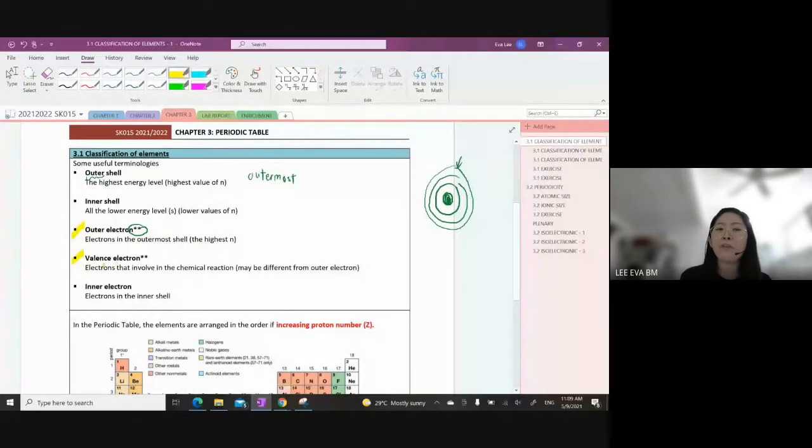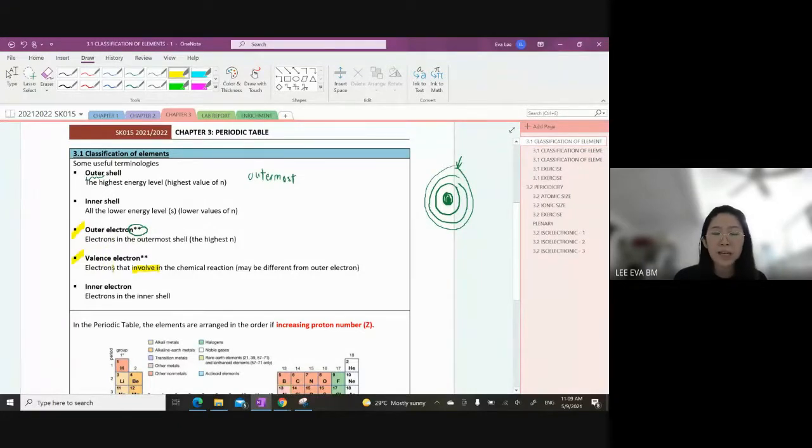But valence electrons are the electrons that are involved in chemical reactions, in bond formation or bond breaking. It may be different from your outer electron. I hope everyone recognizes what a valence electron is. Later on we will practice regarding the valence electron and how to write the valence electronic configuration. Both of these are highlighted so you need to pay attention in the later concepts.